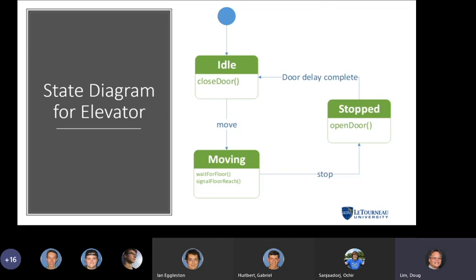But that also means that we probably have to have another intermediate state that closes the door, unless the moving state has the closed door operation in it, which would be a viable choice as well.